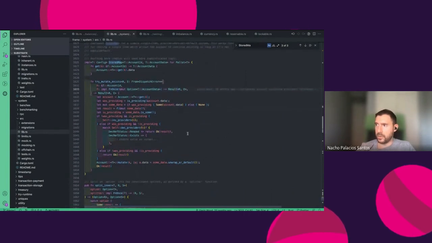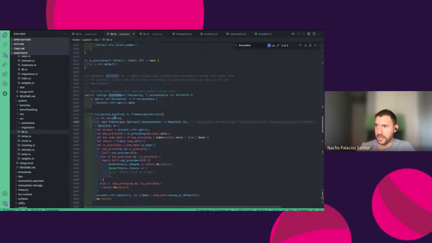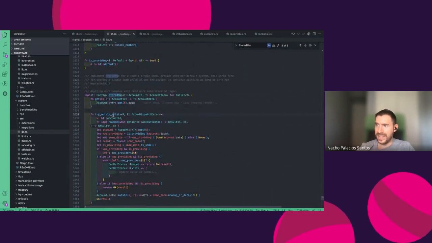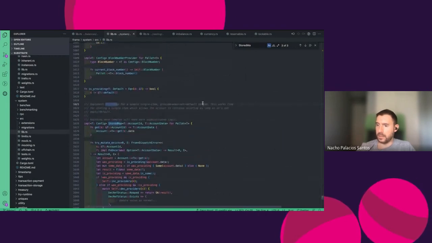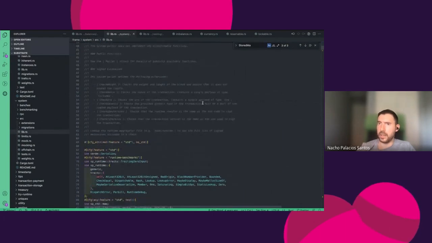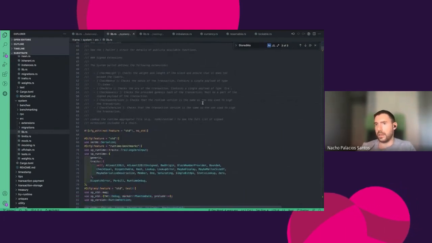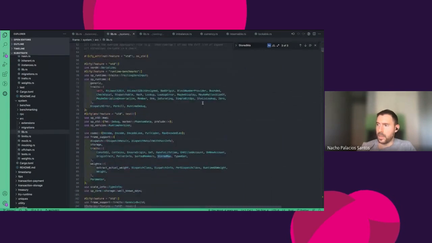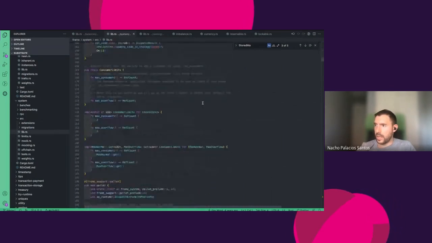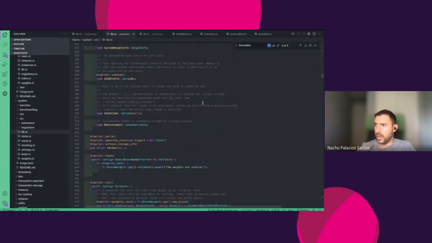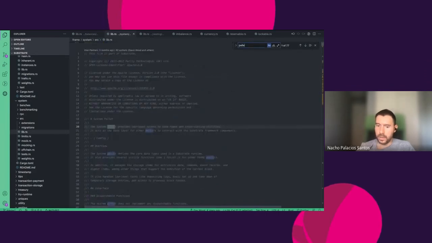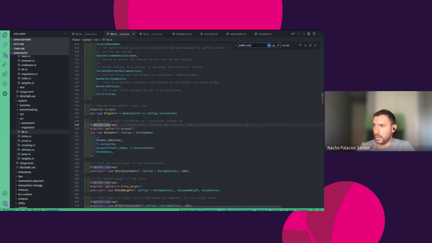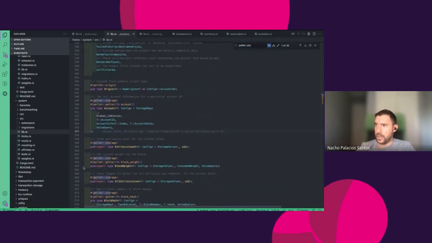To summarize, this trait is modifying the Account storage item. What's the Account storage item? Remember we said, and you saw it also in the demo, that the balances are not stored in the pallet balances, they are stored in the system. If we go to the Account storage item, you see it's a storage map, a key-value.